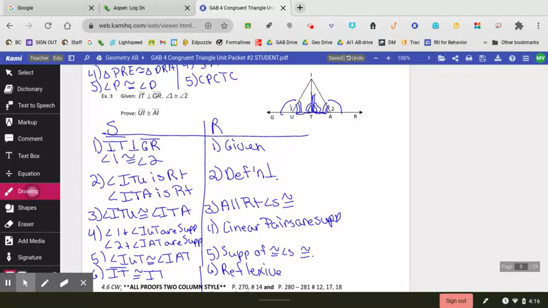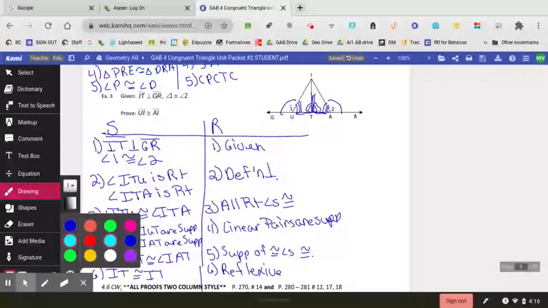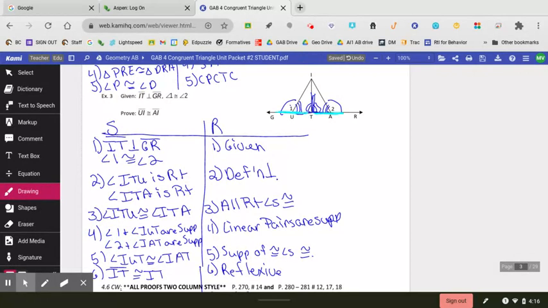But knowing that this is a straight line and this is a straight line, that tells me that angle 1 and IUT are supplementary, and angle 2 and IAT are supplementary because linear pairs are supplementary.